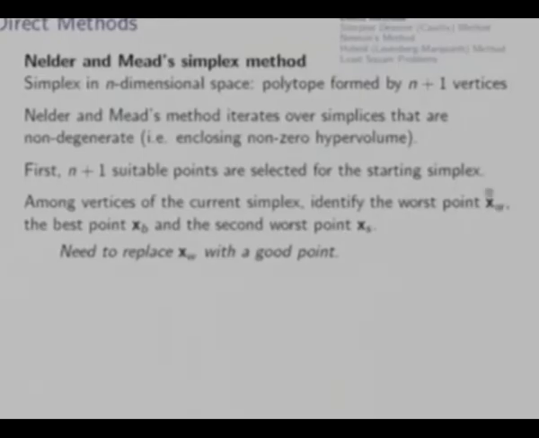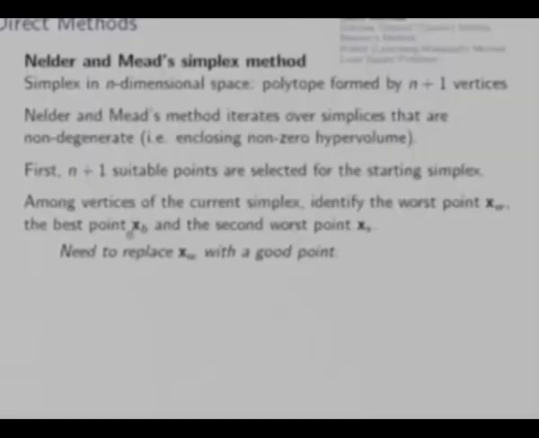The vertex xw, which is the worst point, where the function value is the worst, that is highest for a minimization problem. The best point xb, where among these n plus 1 vertices the function value is lowest, and the second worst point xs. Now, in one iteration of the simplex method, this worst point xw will be replaced with a good point. How to do that?